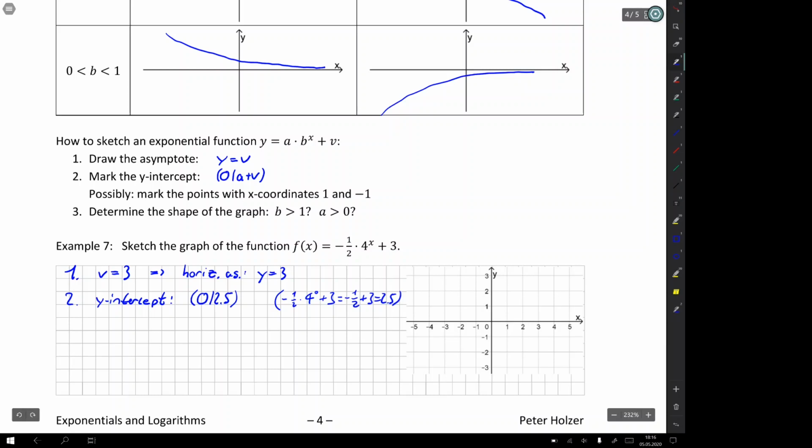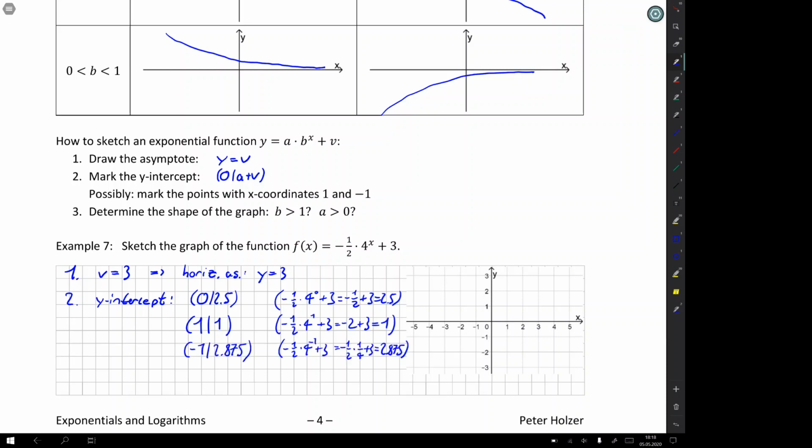Additionally, we may also look at the point with x-coordinate 1, and we get the function value 1 here. Additionally, if we like, we could also look at the point with x-coordinate minus 1, and we get minus 1, 2.875. Now let us also determine the shape of the graph.